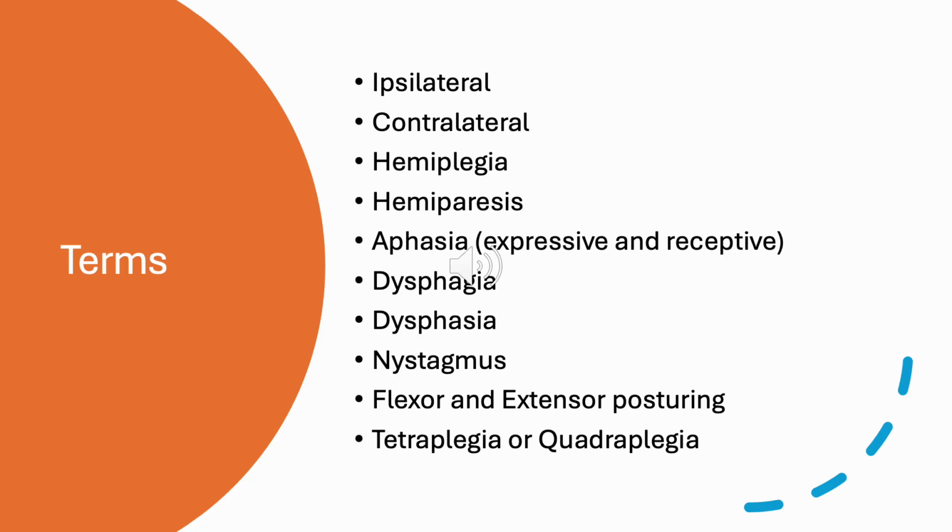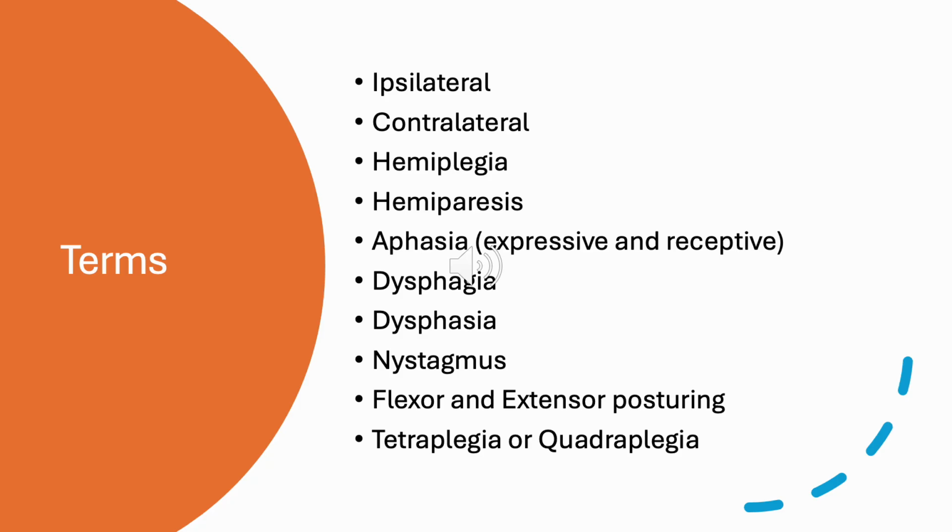So if I have a left-sided brain attack or a left-sided stroke in my brain, that means my right side of the body is going to have either hemiplegia, which is half the body is paralyzed, or hemiparesis, half the body is weak on the contralateral side.